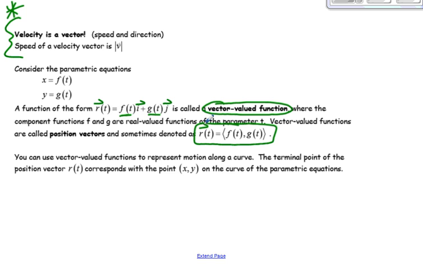Like I said, they're very closely related. You can use vector valued functions to represent motion along a curve, just like parametrics. The terminal point of the position vector, which we call r, corresponds with the point (x, y) on the curve of the parametric equation.